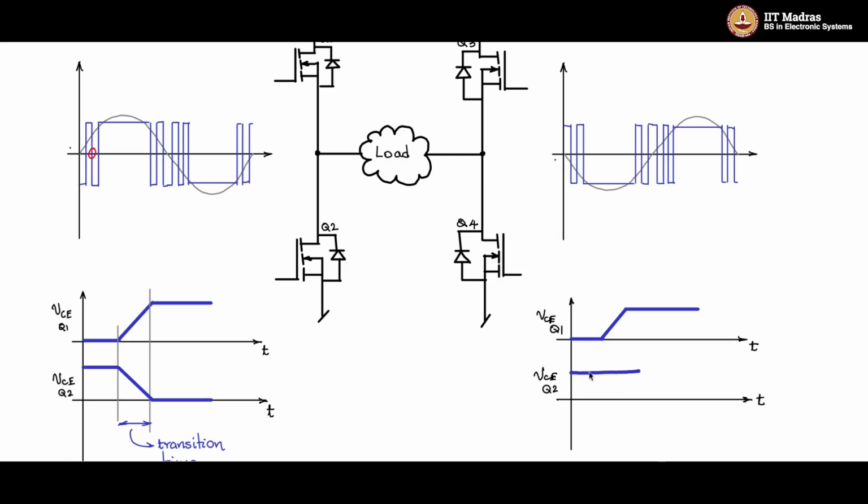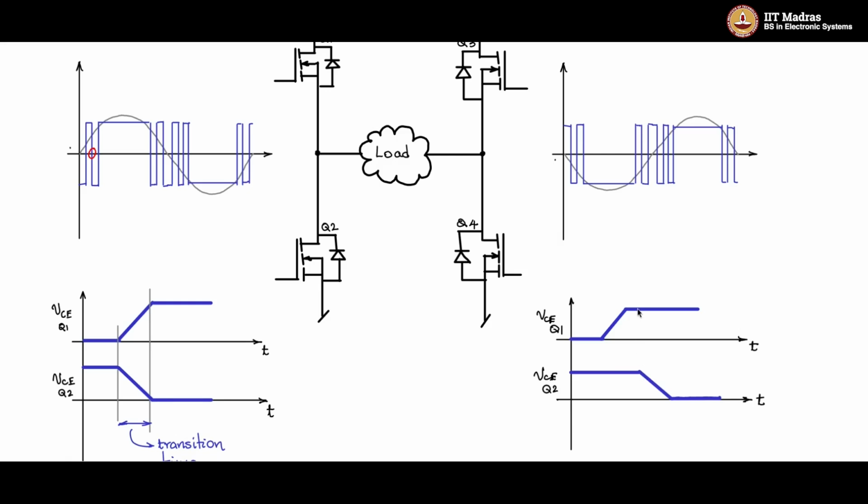So I allow Q2 to be off up to this point when I know that Q1 has fully turned off, and only then I will initiate turn on, and it will go through its finite impedance zone and then go to the on state. So at any time, this is the off condition, this continues to be in the off condition, so there is no shoot through.